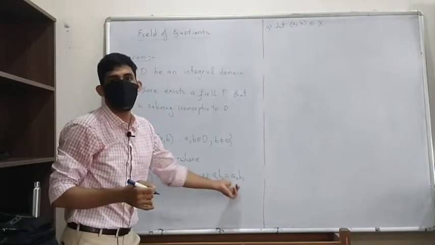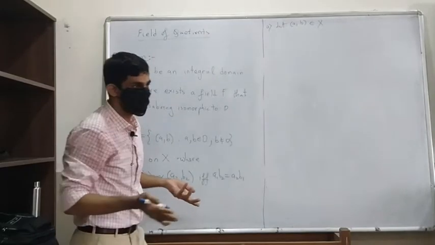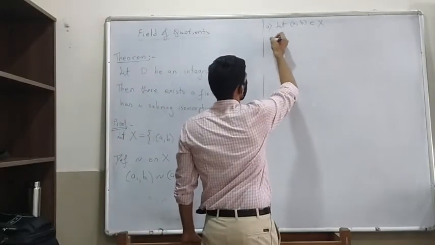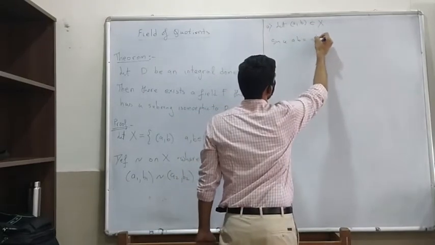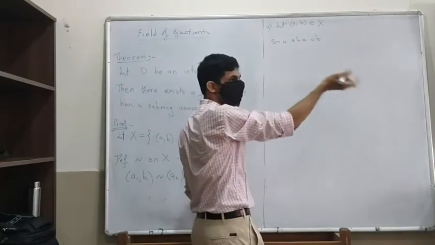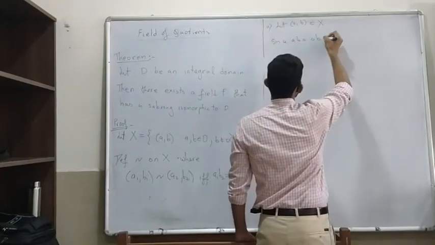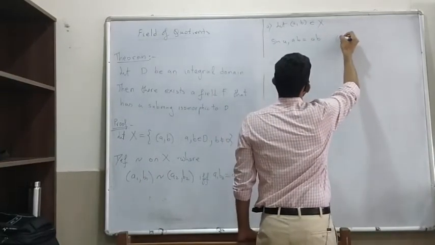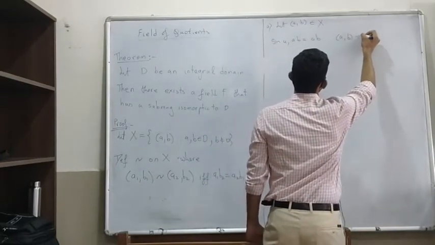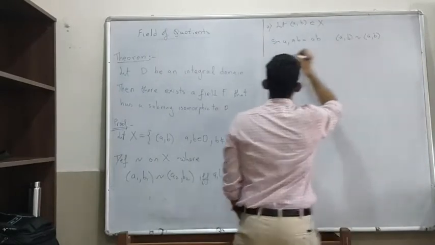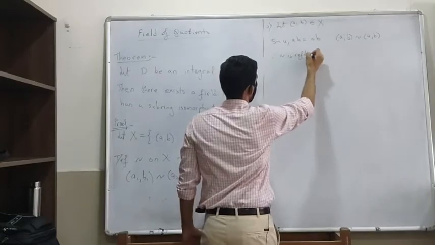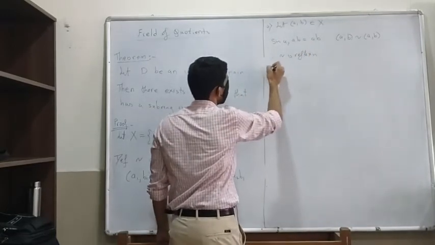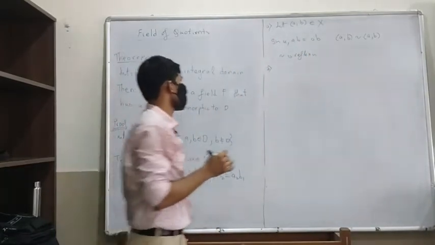If ab is equal to ab, and ab is always equal to ab, right? The same element is always equal to itself. Since ab is equal to ab, (a, b) will be related to (a, b), and therefore tilde is reflexive. Very easy to prove that this is an equivalence relation, in fact.